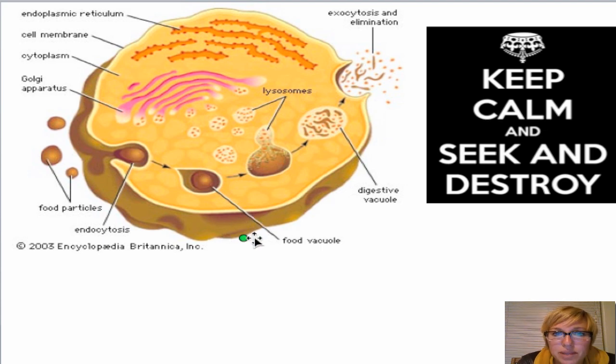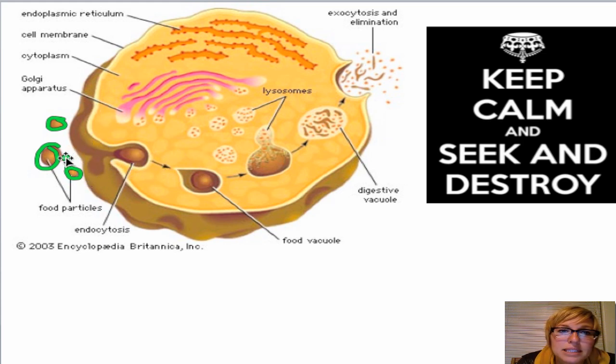break them down. Now, they do that by working with another process that this cell does, which is moving things in and out of the cell by kind of moving its membrane around. So you can see that these right here are large food particles. Okay, maybe they're hamburgers or fried rice, large food particles that need to get into the cell.